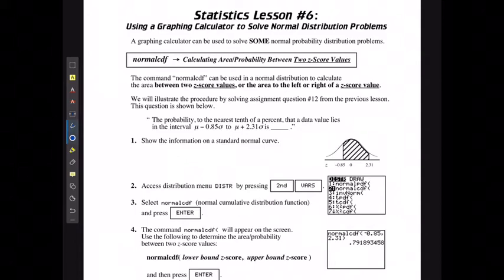The first thing, when you are going to solve for the area, is you'll be using the normal CDF command. That will show you either the area between two z-scores, the area to the left of a z-score, or the area to the right of a z-score.